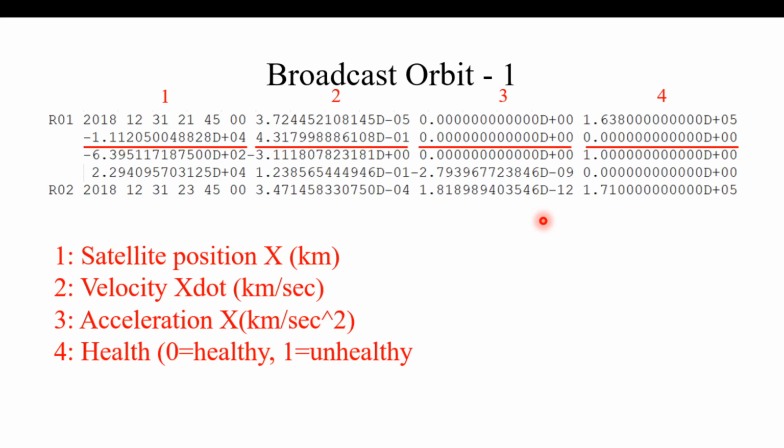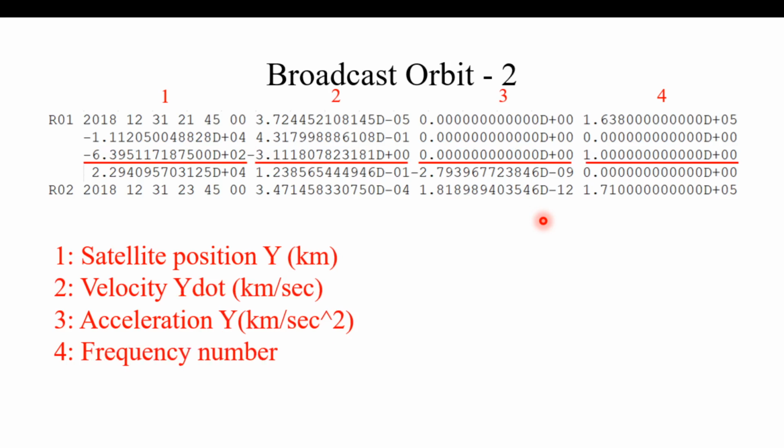This means if you give the position and velocity of the satellite, and if you model the acceleration, you can easily compute at the next time t, for example, the satellite's position. And this is in the x component. As you see easily, there is no acceleration in the x component. This may be due to this certain epoch.